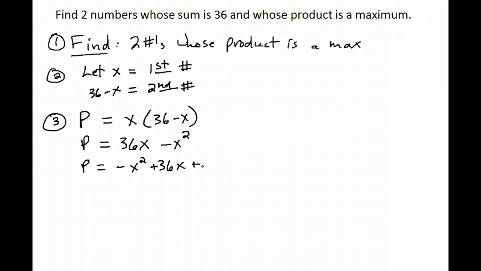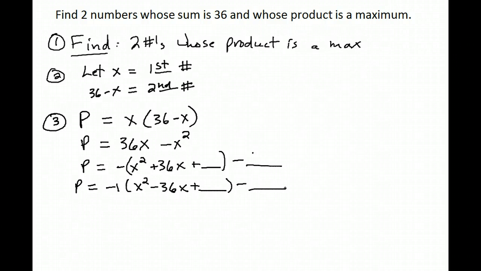I'm going to complete the square, plus blank minus blank. I pull out the negative 1 and I get x squared minus 36x plus blank, minus blank. Filling in the completed square, half of 36 is 18, and 18 squared is 324.